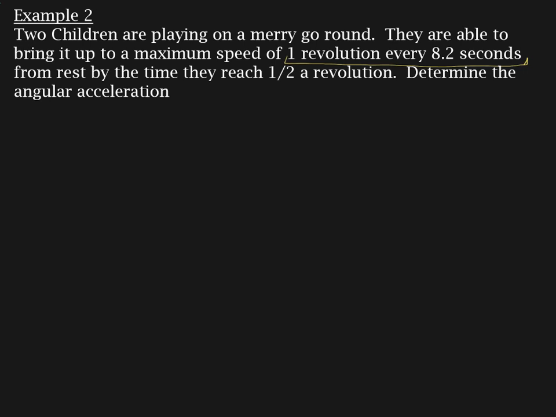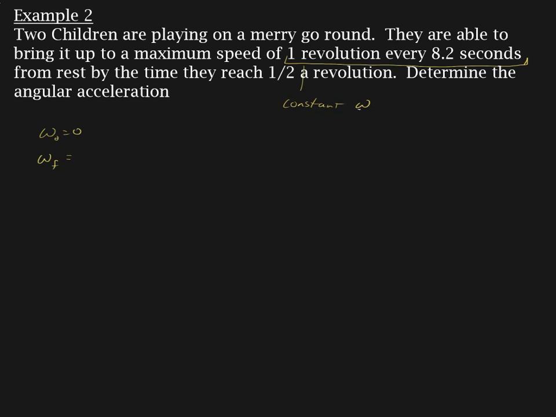Okay, welcome back. So let's see how this goes. So omega initial is going to be 0, and omega final they give us in this really cryptic manner, which is 1 revolution every 8.2 seconds. Now, it's easy to figure out what omega is from this because omega final is going to be a constant omega if those children continue to just push that merry-go-round in a circle.